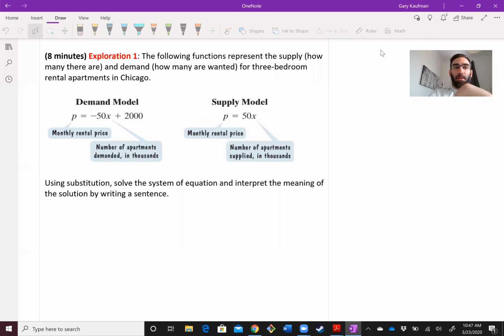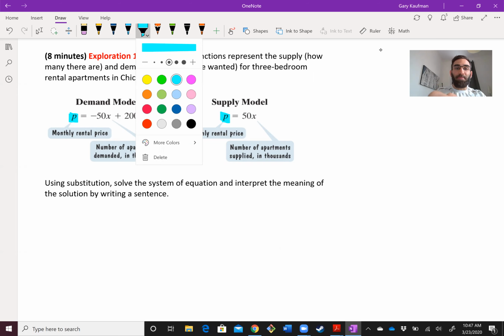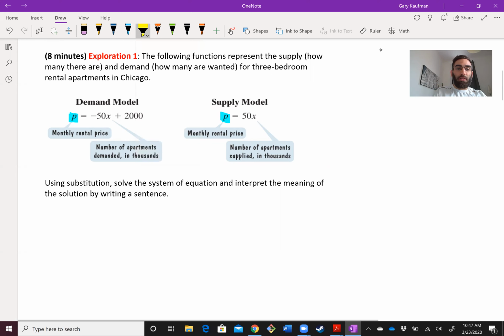So I hope we remember that the reason we can refer to this as a system is both equations are dealing with the monthly rental price based on the number of apartments demanded in thousands versus supplied. And since we're trying to figure out when those are equal, that's why we can use the same variable.